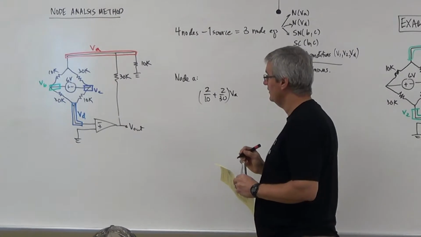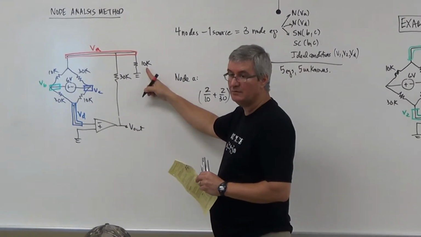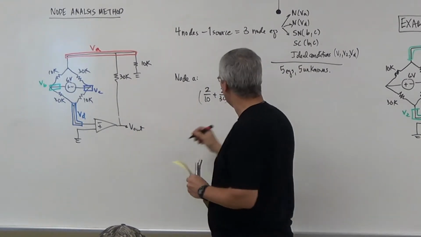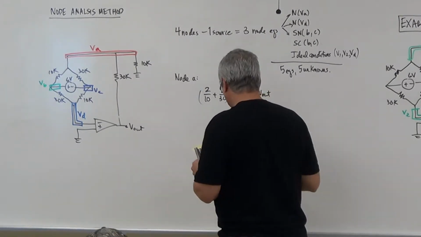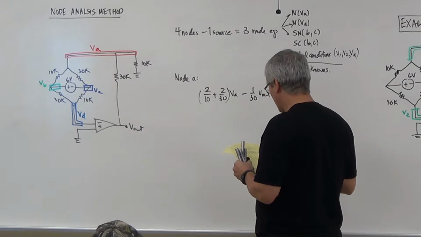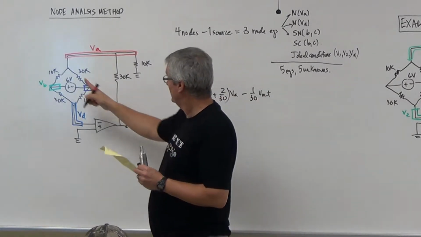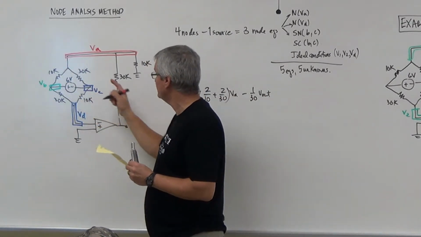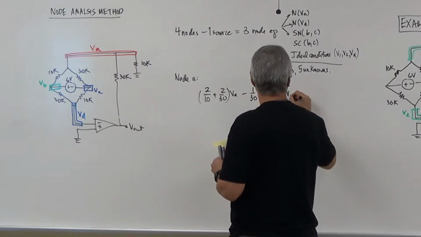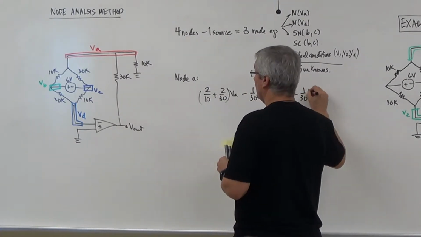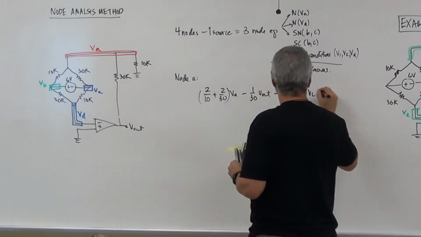Okay, so then I have 10 with the ground, I got 30 with V out, and then I have 10 with B, 30 with C. So then I'm going to get minus 10 VB minus 30 VC equal to 0.